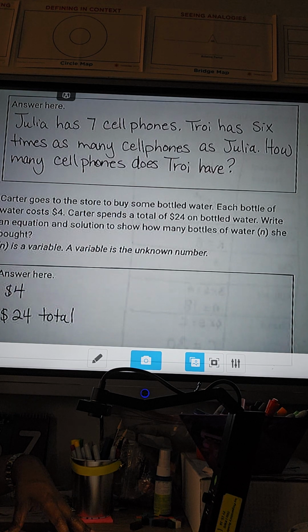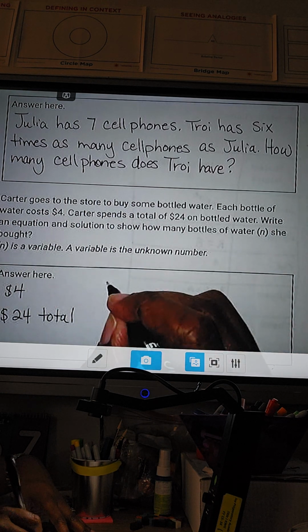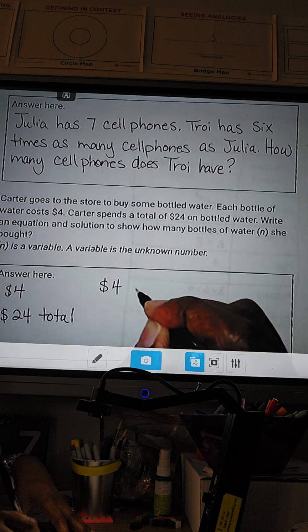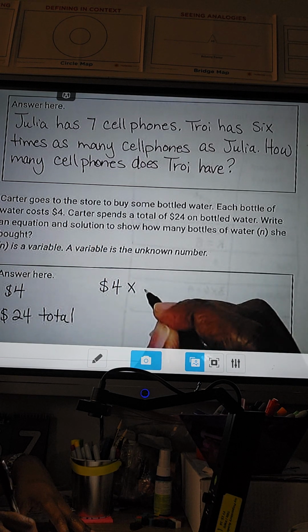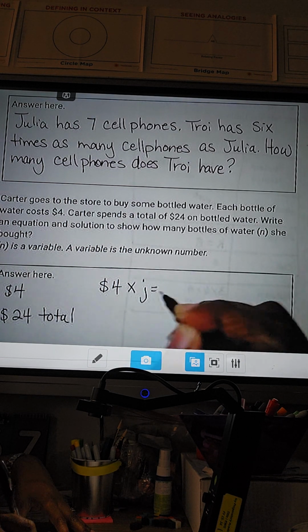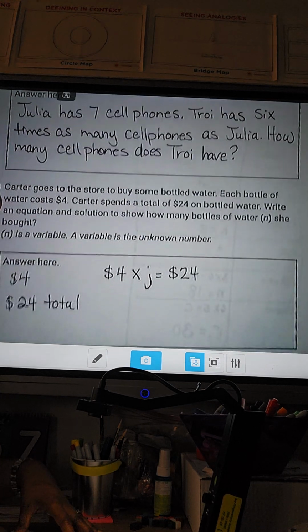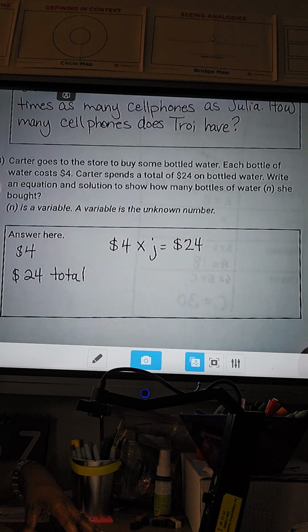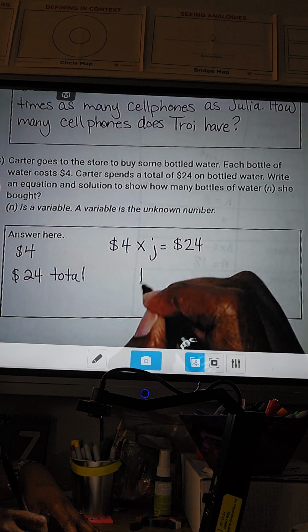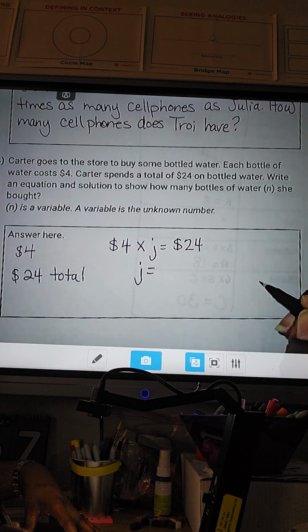How can I solve this problem? Well, I know that 4 times something equals $24. So I ask myself, 4 times what is 24?